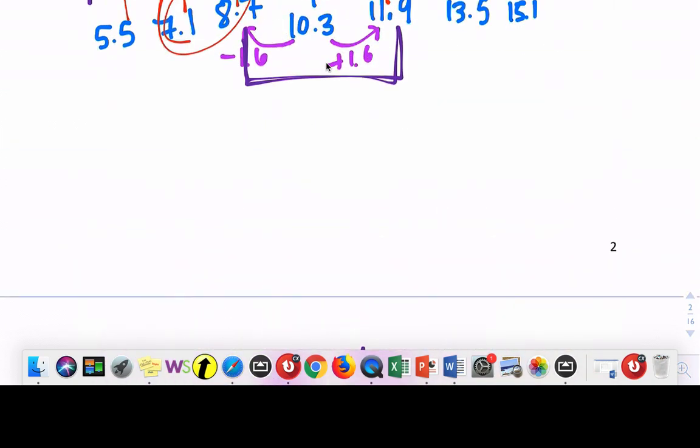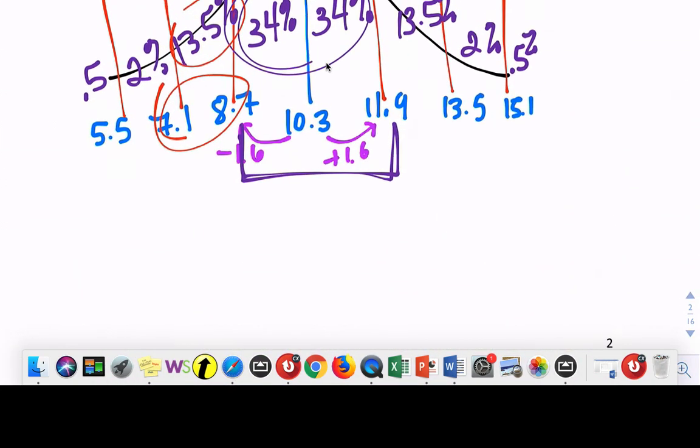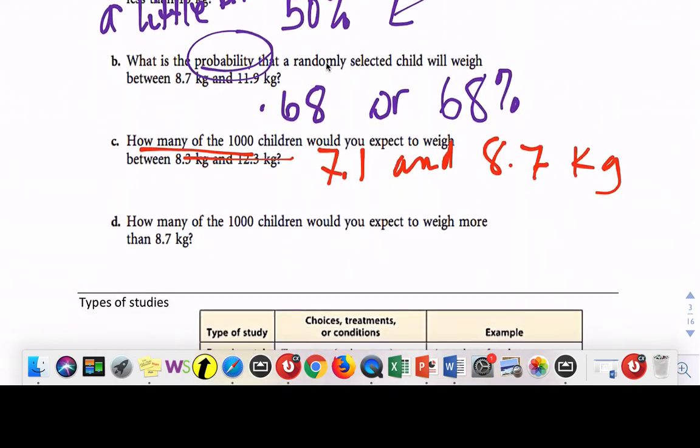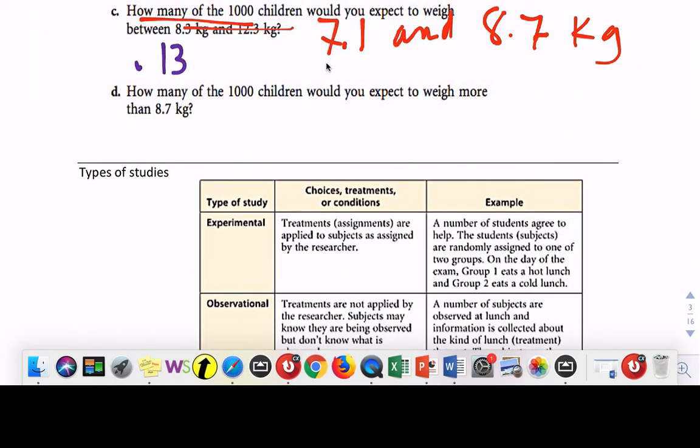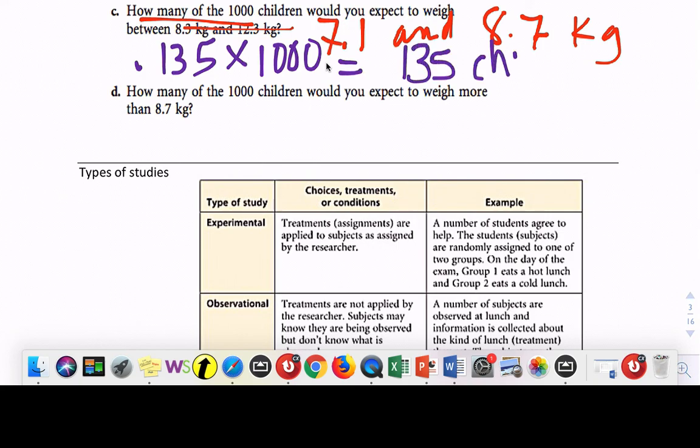If we take a look at that, that's this 13.5% right here. So I'm going to do, let's change colors, 0.135 of 1,000. So of means multiply. There's 1,000 children. So that would be 135 children between 7.1 and 8.7, so that's 13.5%.